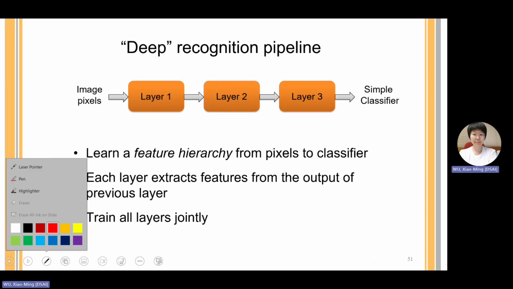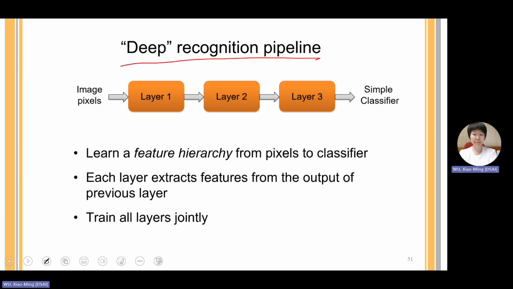In the deep recognition pipeline, given an input image, the output is a vector whose dimension is equal to the number of categories.